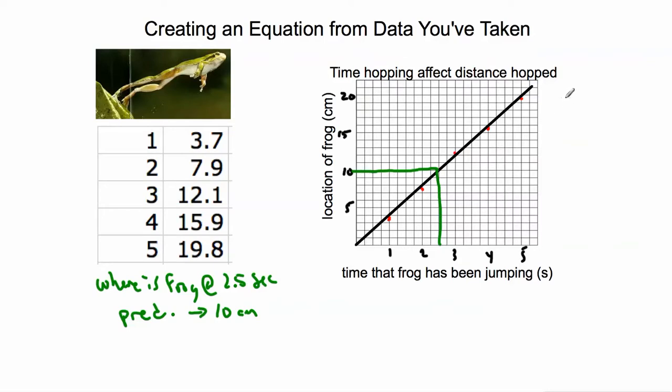So some reasons to actually do this process of making an equation is, one, it can be more accurate than simply reading off the graph, and two, it can go beyond the graph. And those are two good reasons why you would want to make an equation from a graph. So let's go ahead and do this process of making an equation from a graph.